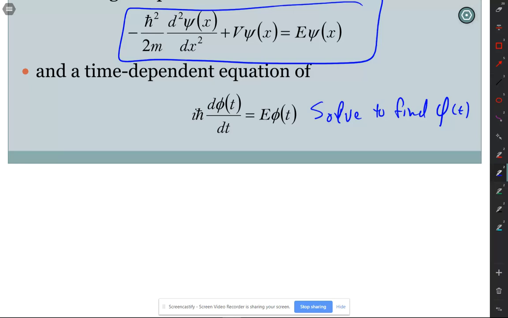To solve it for that time-dependent function. Since we're doing simple, it's one of your simple differential equations. We have two variables, if you will. What would the two variables be in this equation?